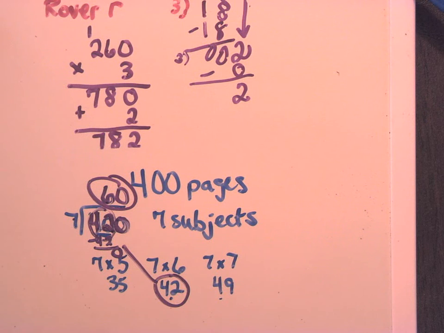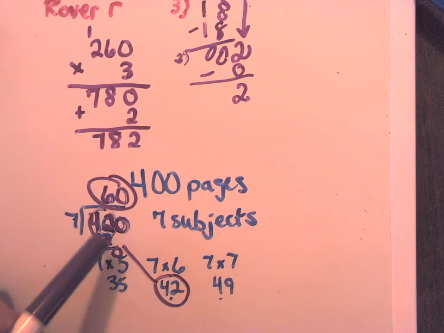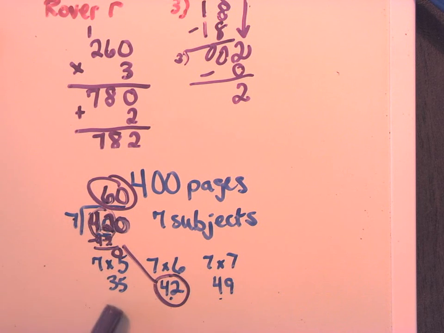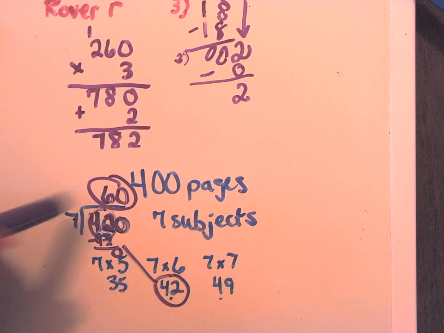When you're finding an estimate for division, you want to make this number be a nice multiplication fact or a multiple of 7. So think about those multiples of 7. 7, 14, 21, 28, 35, 42, 49, and so on. And then you figure out what your answer is by doing that.